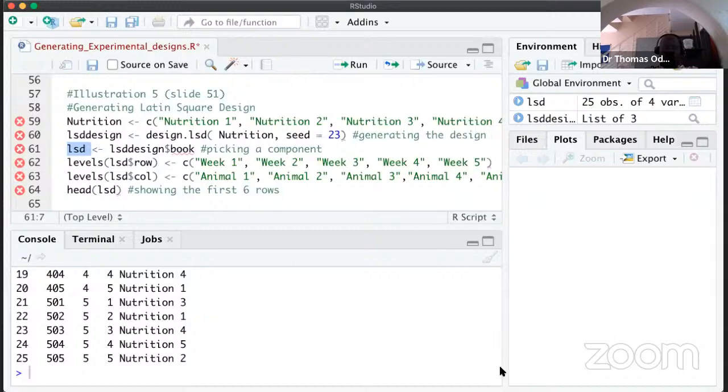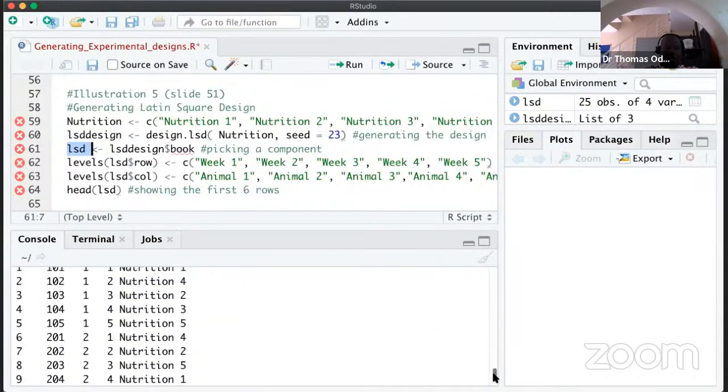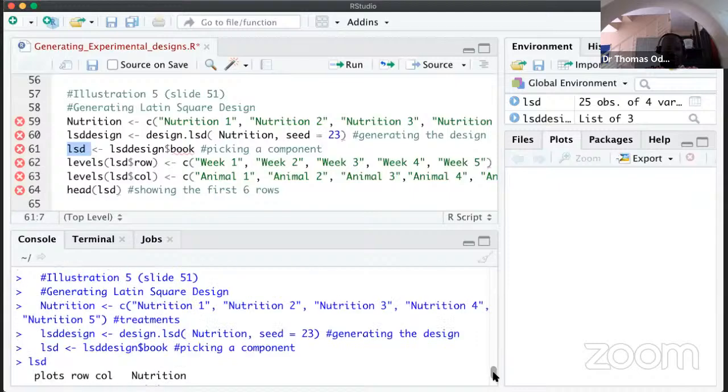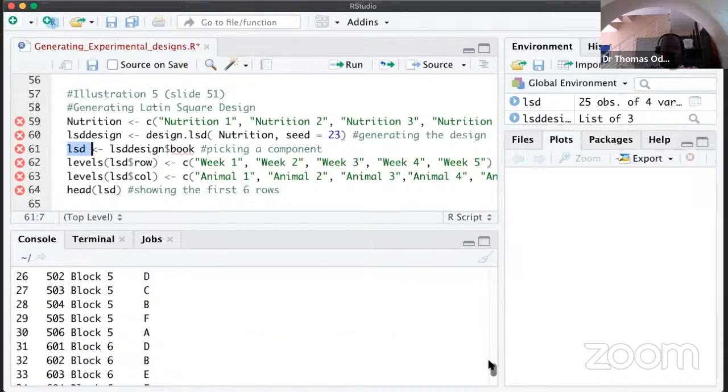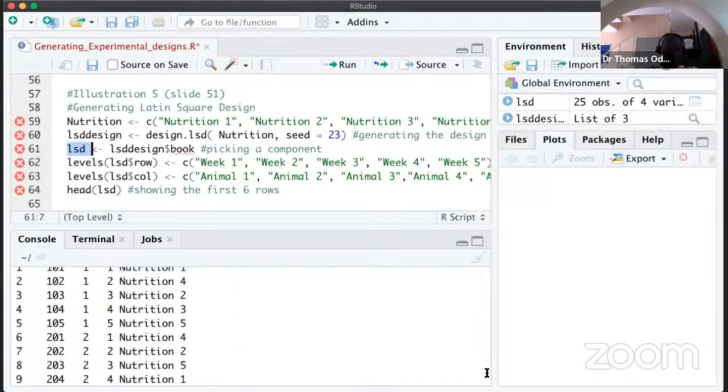Here you can see we have row and column, and then we have the different nutrition. So you can see 1, 3, and so on. But what we need now is to level it up so that we have week and we have animals.